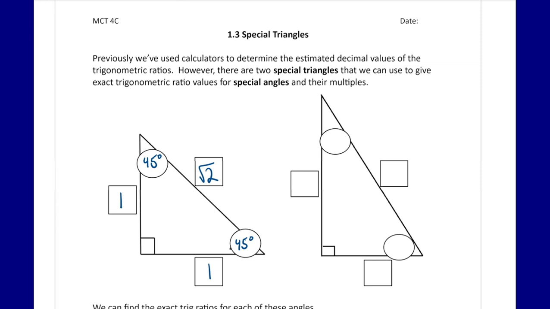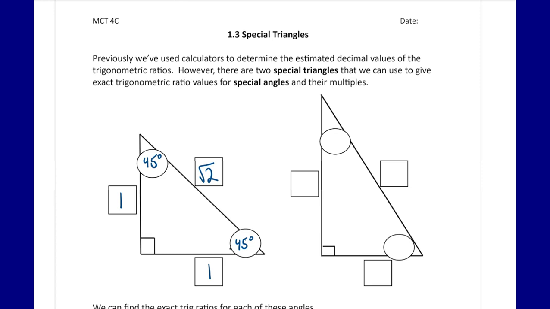Now, we talked about similar triangles before where it keeps the same angles, but maybe the measurements are magnified or doubled, so to speak, so you could potentially change some of these side lengths.